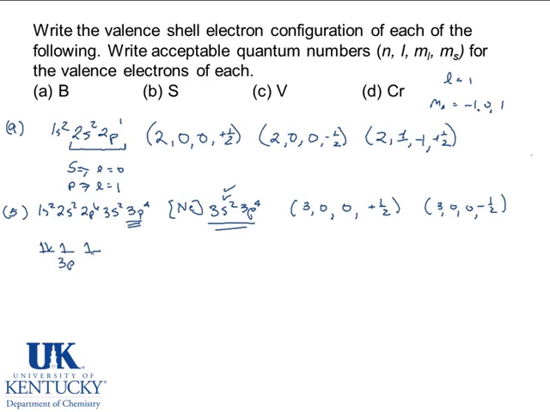So when I do the orbital diagrams of these 4 electrons, they are all in the 3rd shell. They're all in a p subshell, but they're in 3 different orbitals. So I'm going to do this one, then this one, then this one, and then I'm going to come back and do this one.